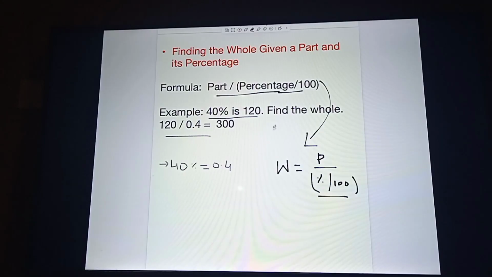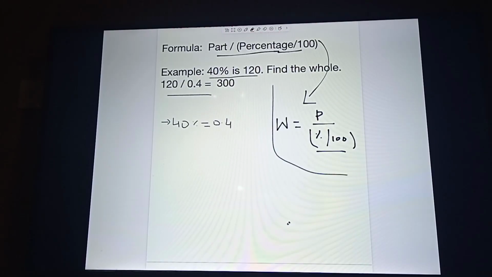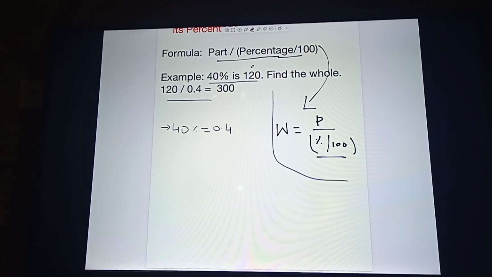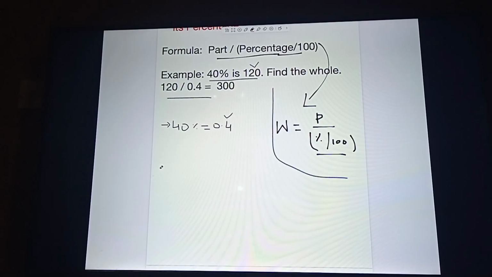Then in the second step use the formula. The part is this 120, divided by the decimal 0.4, and this will give you 300.